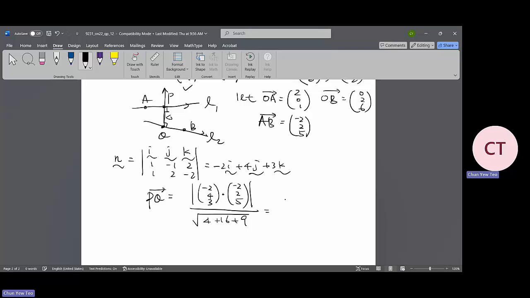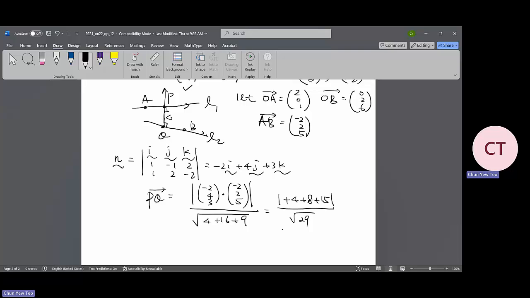So over here you can get negative 4 plus 8 plus 15, divided by square root of 29. Oh, sorry, this one is positive 4, I made a mistake.